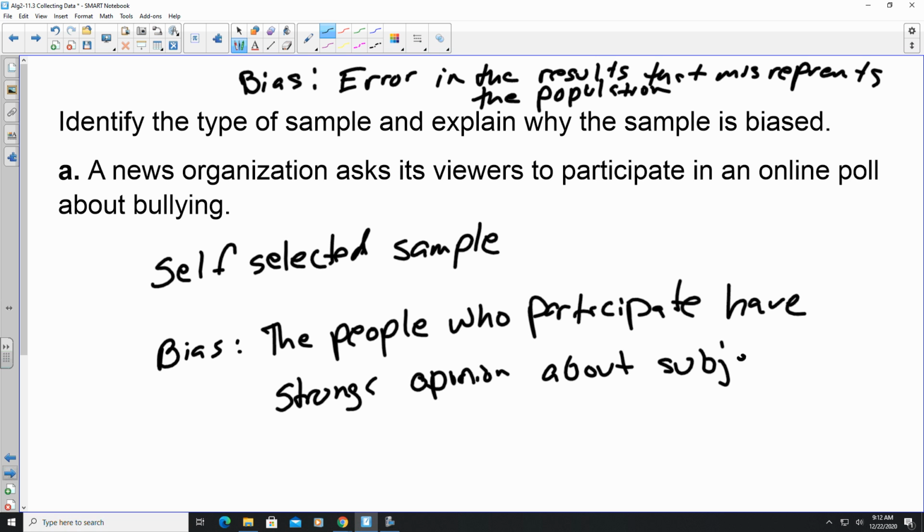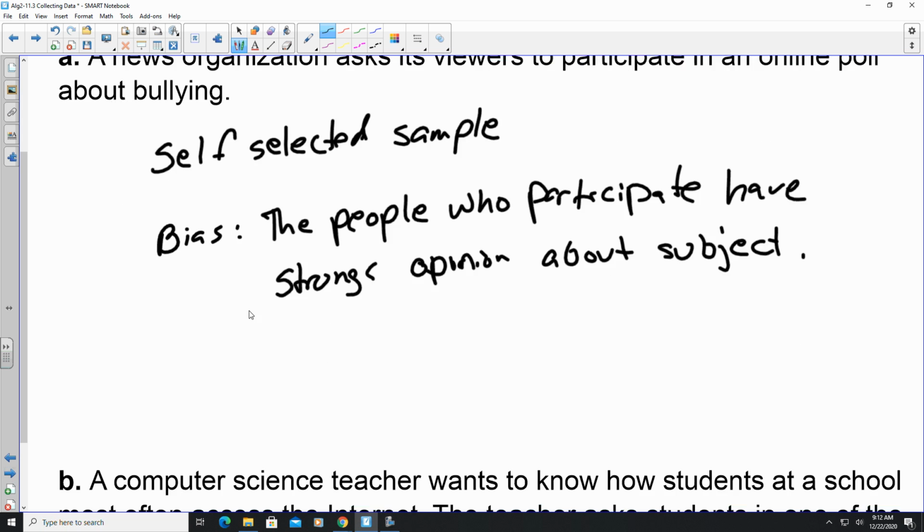So if they have a strong opinion about that subject, you're more apt to participate in said poll. So that's why it would be biased.